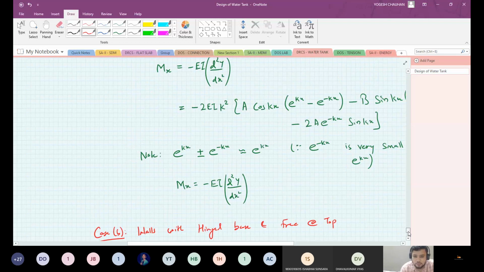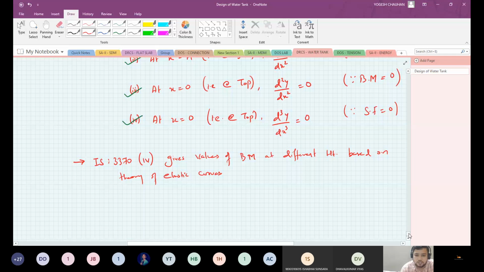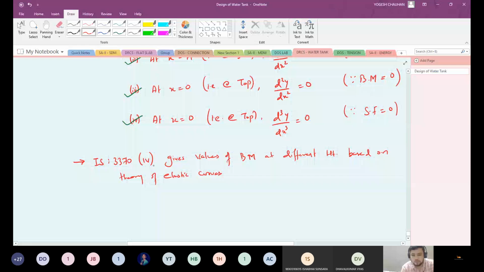Apply the boundary conditions, find the expression, and substitute the values in those expressions to get the bending moment at different heights. Okay, but using this part 4, there are direct tables given which you can use. A sample of this I can show you.